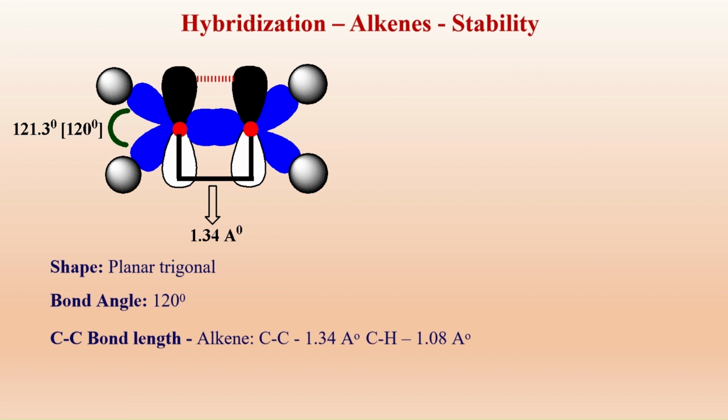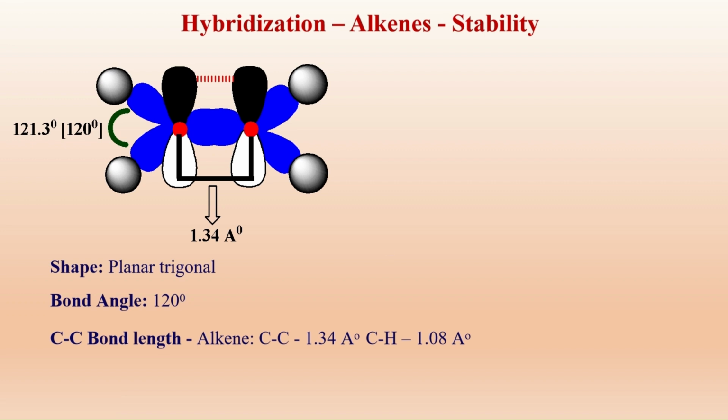Whereas in the case of alkane, the carbon-carbon bond length is found to be 1.53 angstrom units, but it has reduced to 1.34 angstrom units. The bond angle over here is 121.3 degrees, and here it is reduced to 117 degrees, and the overall bond angle will be almost 120 degrees.